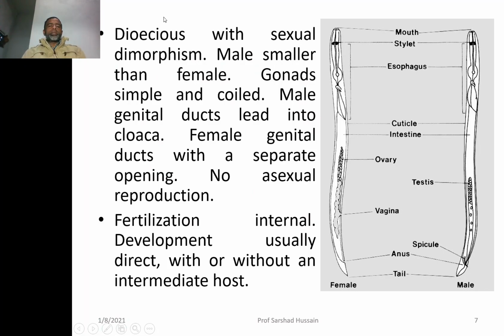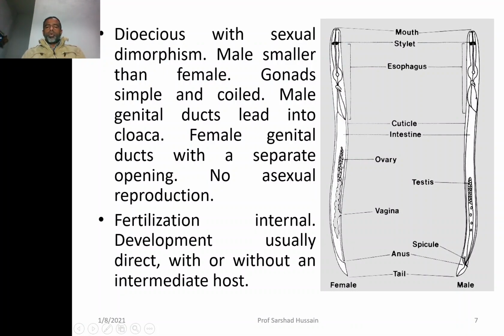Both the sexes are present in separate individuals. They are dioecious. Male smaller than female. You can look at this. Here, this is the female, this is the male. Though in this diagram there is not much difference shown, generally males are always smaller, females are larger in size. Gonads are simple but coiled.